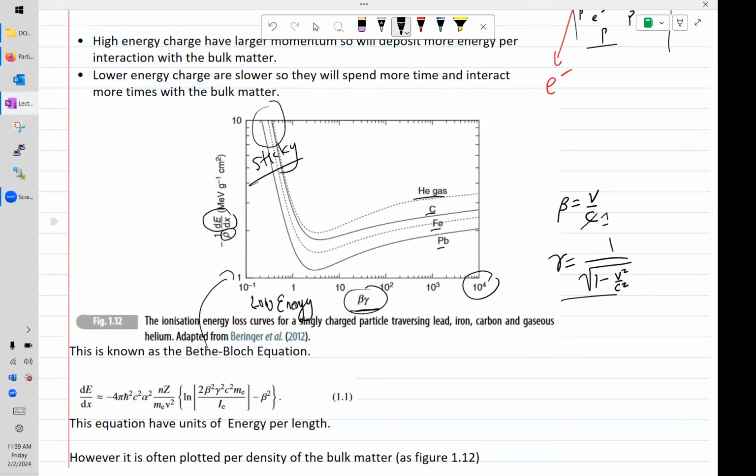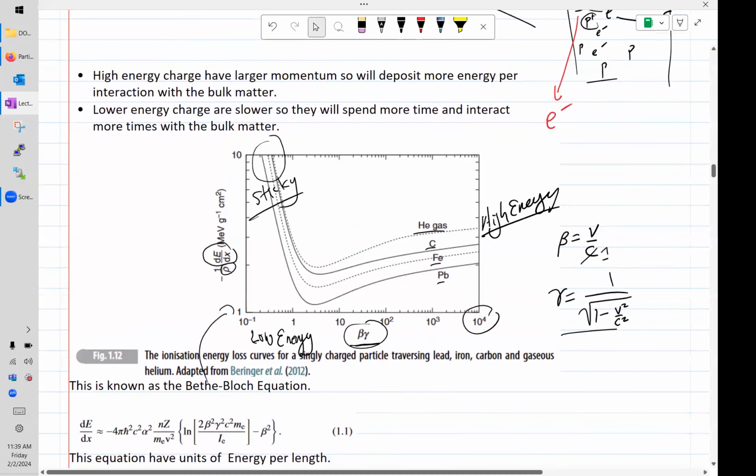High energy particles are also sticky. This is the high energy, so the faster they go. The reason we can think about that is that if the charge has a high energy, and this only applies to charged particles. That's why it's the muons and electrons that I'm saying.